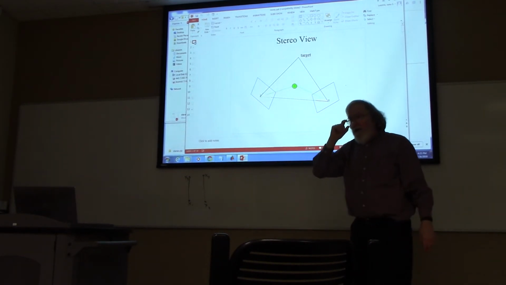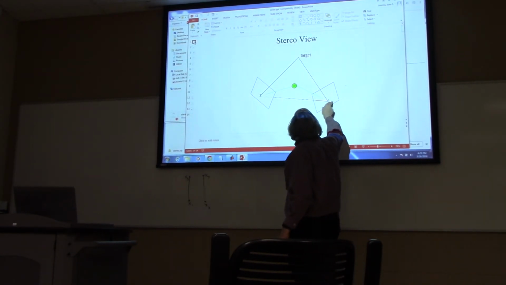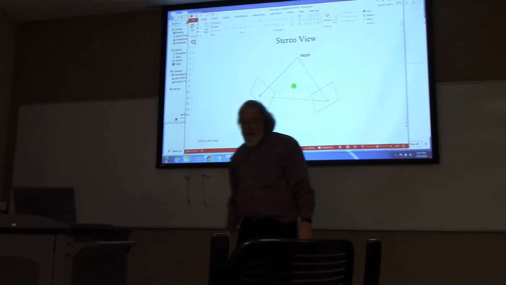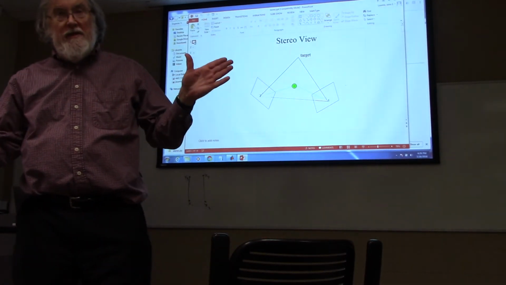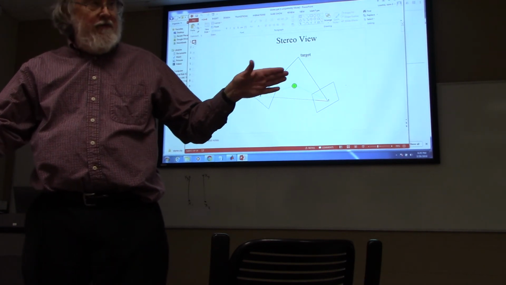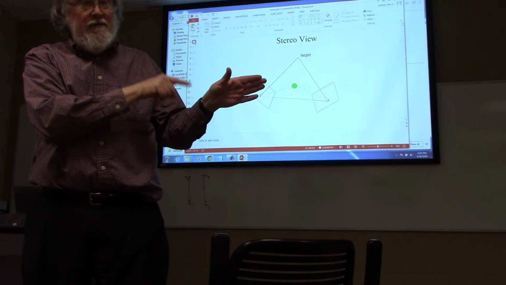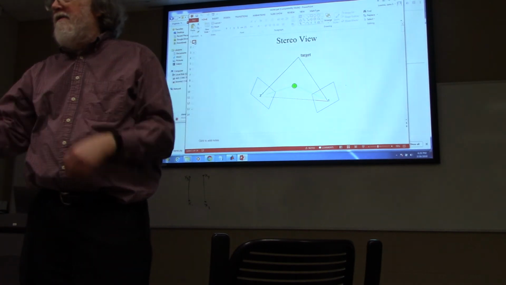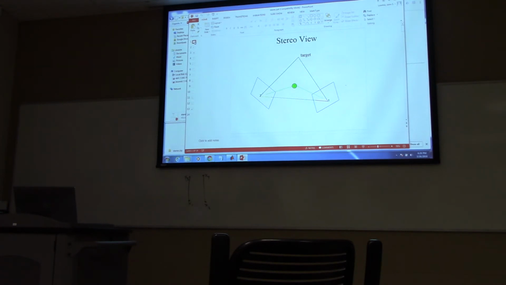But that line is called the epipolar line. It just depends on any two cameras. You can take the center of one to the first image, the center of the second to the second image. At least you can calculate that, because you don't really know where the camera center is.